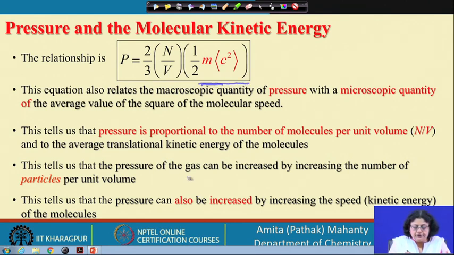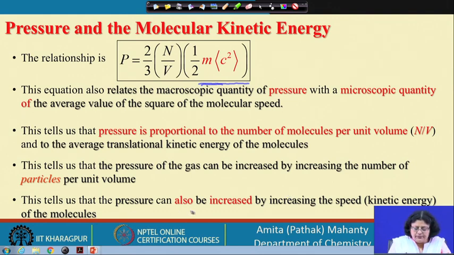This tells us the pressure of the gas can be increased by increasing the number of particles per unit volume. That means, if you are increasing the number of particles, the number of particles striking the walls will be increasing, and hence the pressure exerted by the gas will be increasing.